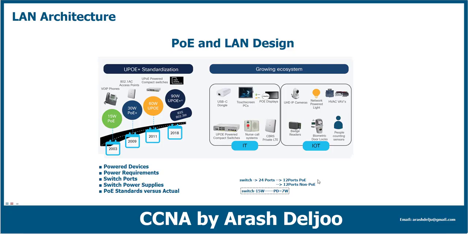And with the negotiation using CDP and LLDP, the switch can find which amount of power is suitable for the device. This negotiation can occur over time. If the requirement changes, again we can apply another amount of power over Ethernet.